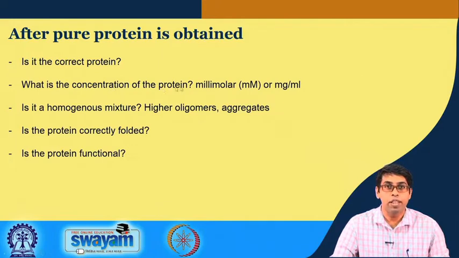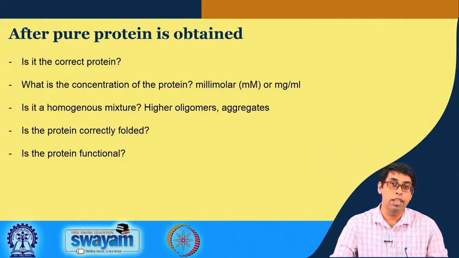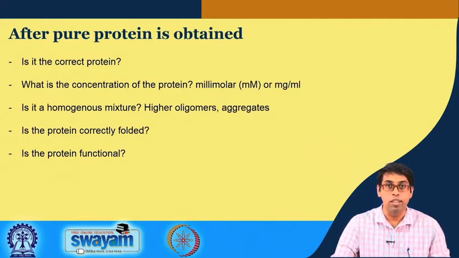Typically the protein concentrations are given in two units. One is millimolar. Millimolar is the number of millimoles that are present in 1 liter of your solution, so the number of millimoles of your protein in 1 liter of solution.